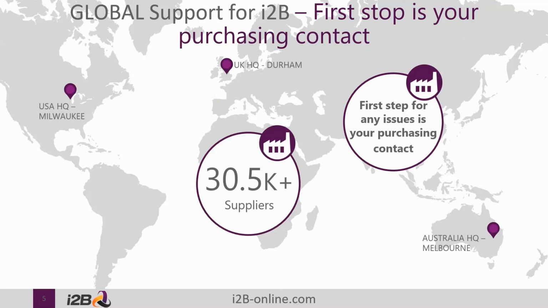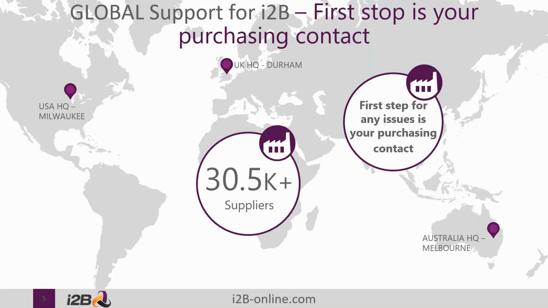But what we do ask is that your first point of call is your purchasing representative at your customer. They have the relationship with you, and we would ask you to contact them first if you have any questions or any further training requirements. If you'd like to discuss EDI, if you'd like to discuss anything, just please get in touch with them first.